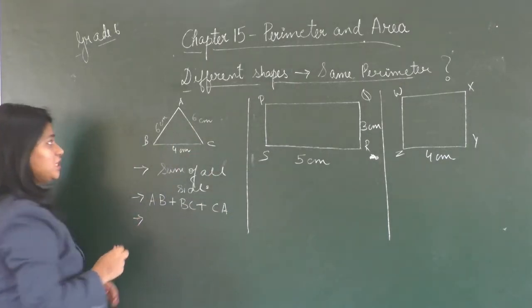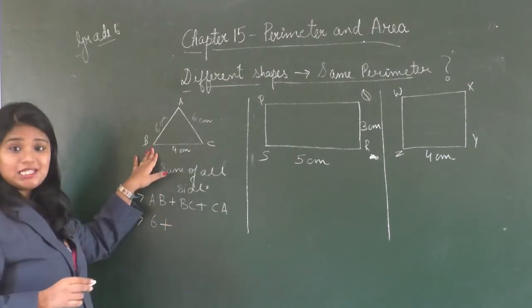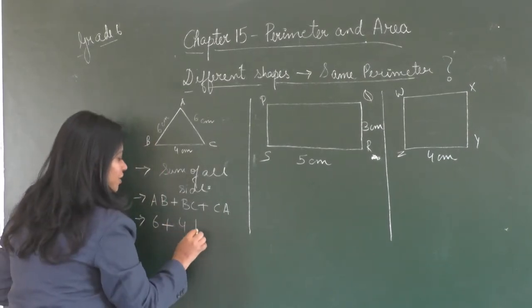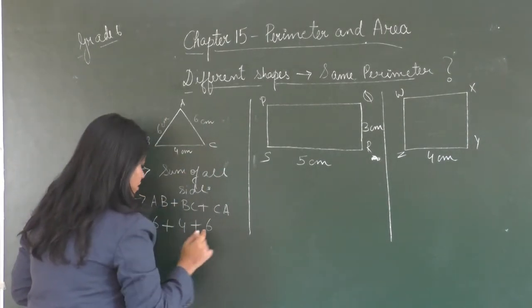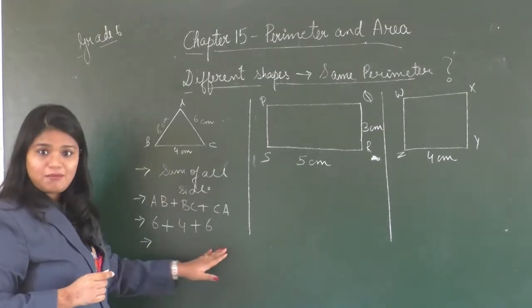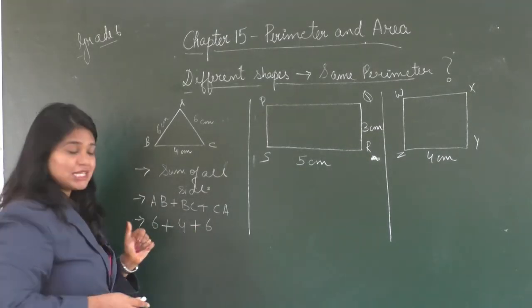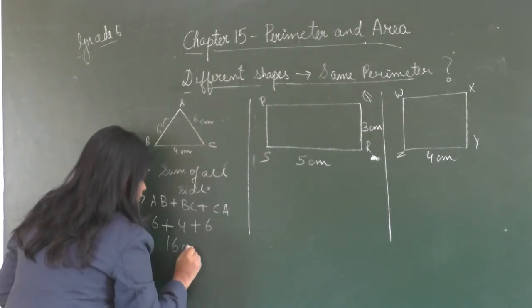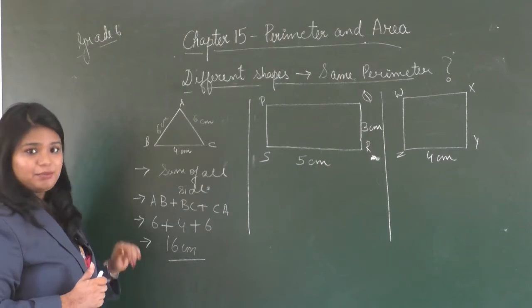And what are the measurements? AB is equal to 6 centimeter, BC is equal to 4 centimeter and CA is equal to 6 centimeter. So let's add these numbers. 6 plus 4 is 10 and 10 plus 6 is 16. So I got the perimeter for the triangle ABC.